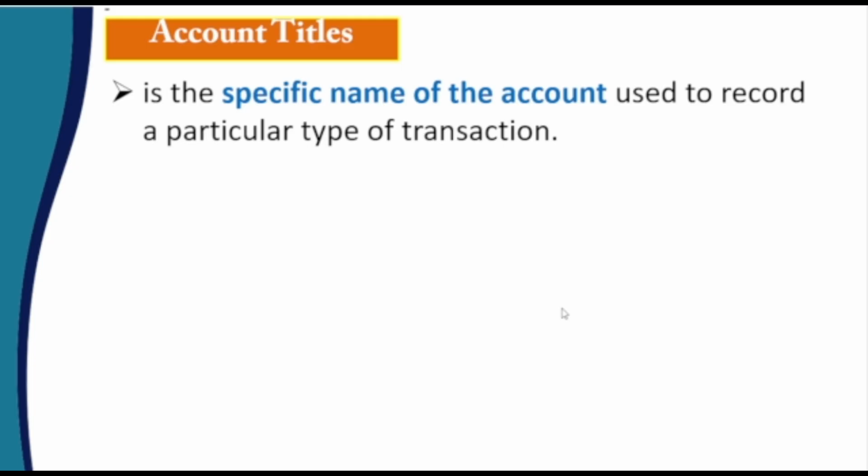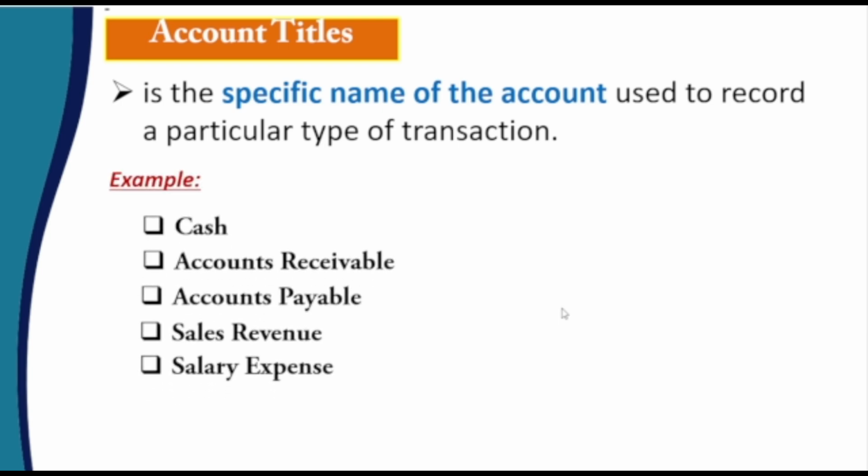If your transaction is related to cash, and you receive cash from your sales, you have to enter that under the cash account title. Examples: cash, accounts receivable, accounts payable, sales revenue, and salary expense. These are some examples of account titles, and each account title is under one of the 5 major categories.